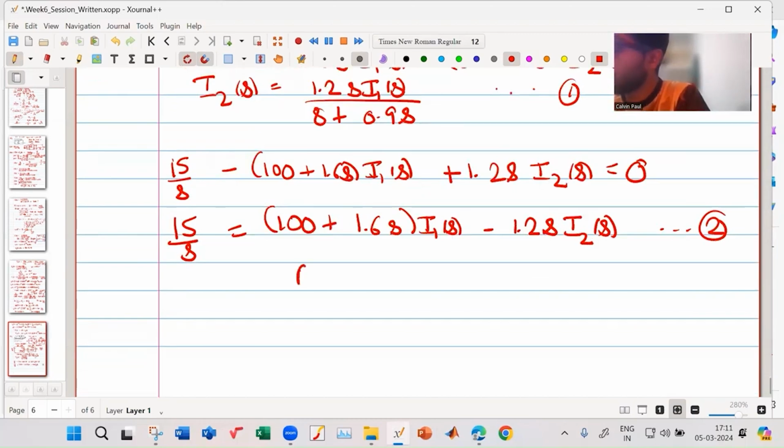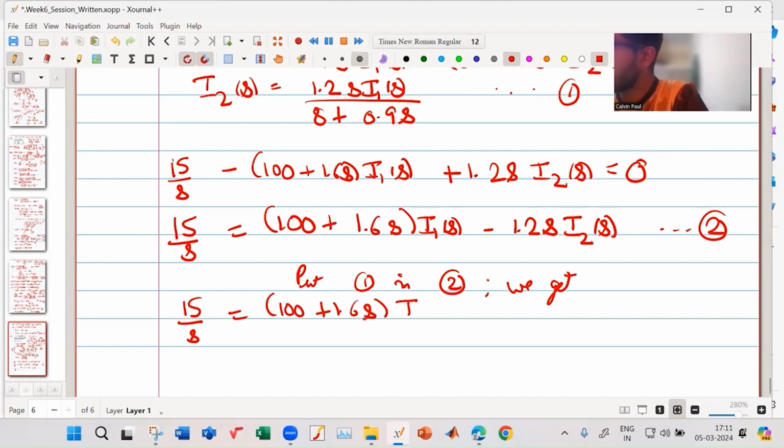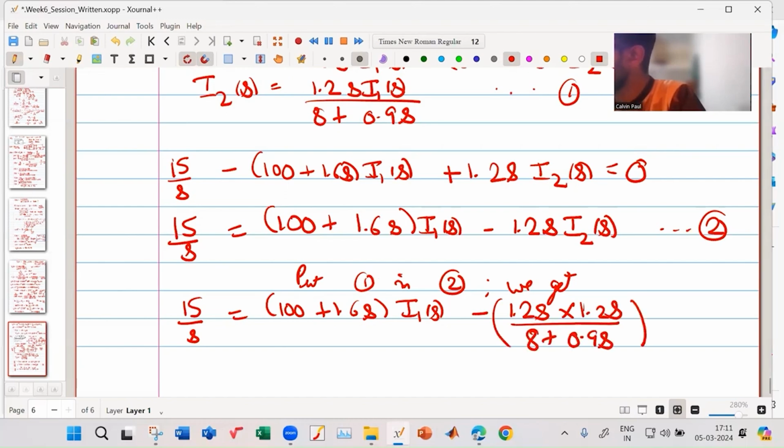So we put 1 in 2. What do we get? 15 upon s is equal to 100 plus 1.6s into I1 of s minus 1.2s into 1.2s upon 8 plus 0.9s into I1 of s.